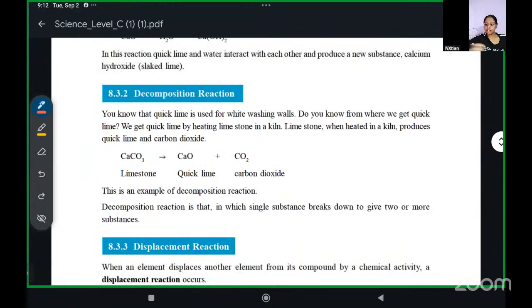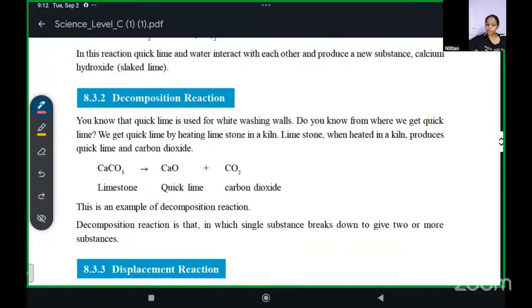Decomposition reaction, Abraham, is when one compound breaks down into two or more simpler parts. How does decomposition happen, ma'am?